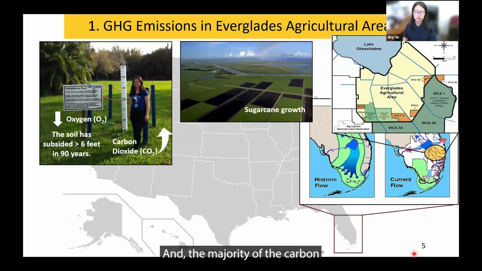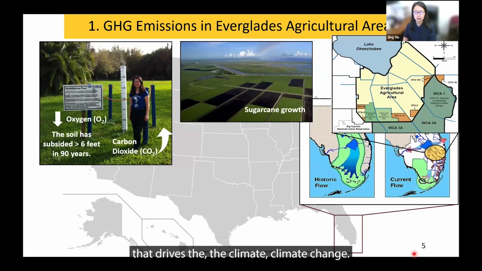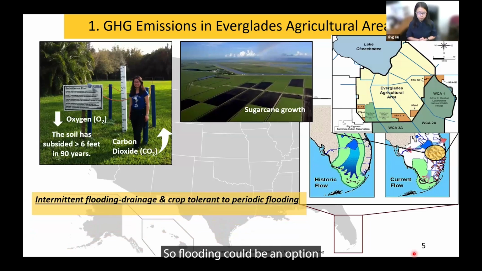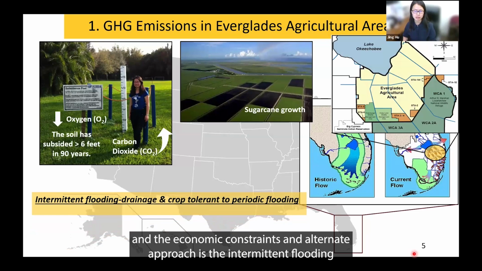The majority of the carbon is returned to the atmosphere as carbon dioxide, which is the major greenhouse gas that drives climate change. Reflooding could be an option to address the issue of soil subsidence and emission. However, it's not feasible because of social and economic constraints.